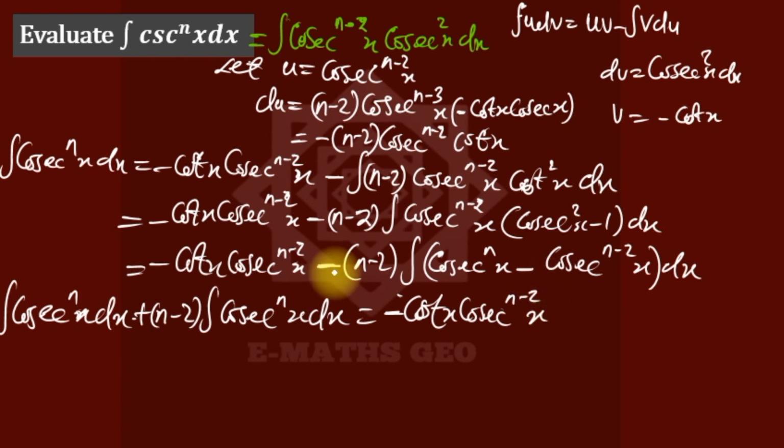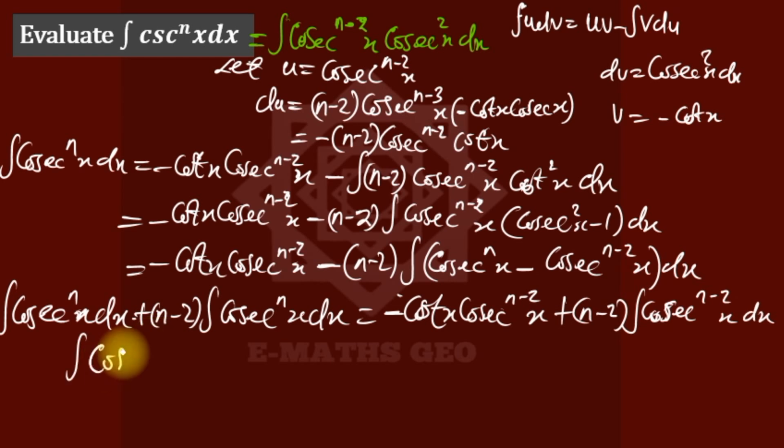And this minus times that is plus n minus 2 times the integral of cosec x raised to power n minus 2 dx. So what do you notice? I'll factor cosec x raised to power n. If I factor it, what is left is 1 plus n minus 2, and 1 plus n minus 2 is n minus 1.